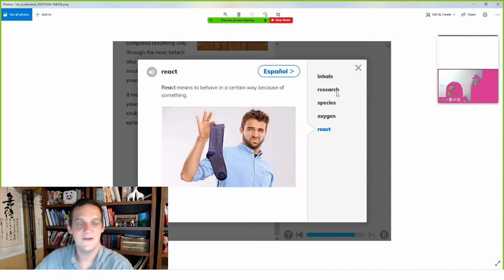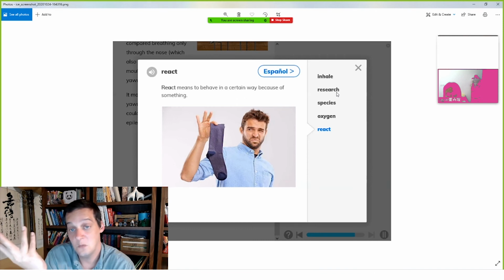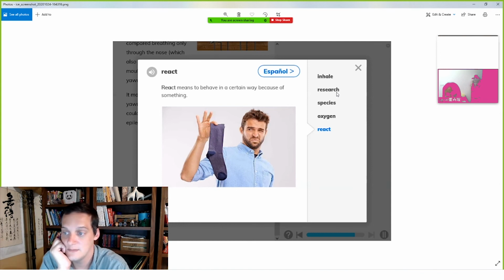So a reaction is your first response, or the first thing that you say or do because of something else. So if somebody says something bad to you, what do you say? What do you do? If you do nothing, then you don't react. If somebody says, I don't like you, Jesse, what does Jesse say? Why? That's your reaction.